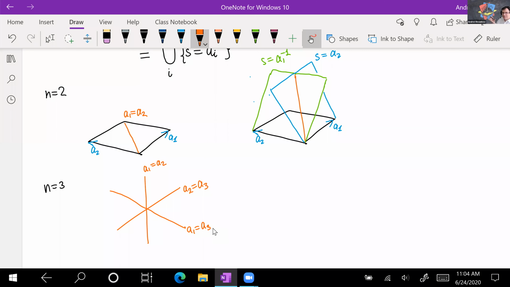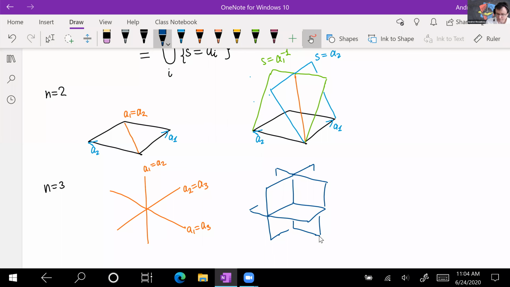This is what it's going to look like, if I already took the quotient modulo the scalars. In terms of combinatorics, this is just like coordinate planes in 3-space. If you're happy with this picture, this is what the combinatorics looks like. But I have a better picture behind me.